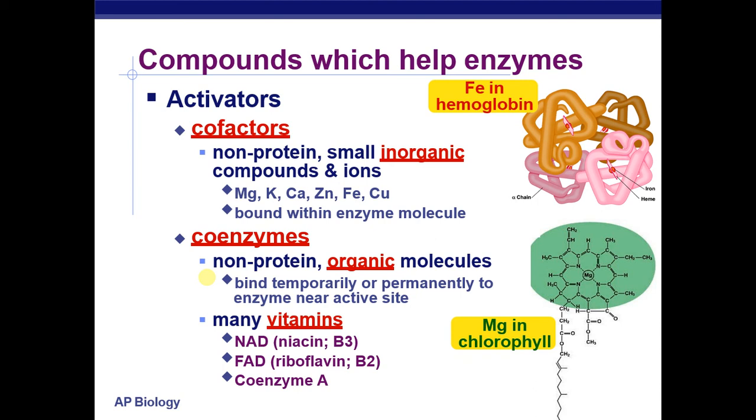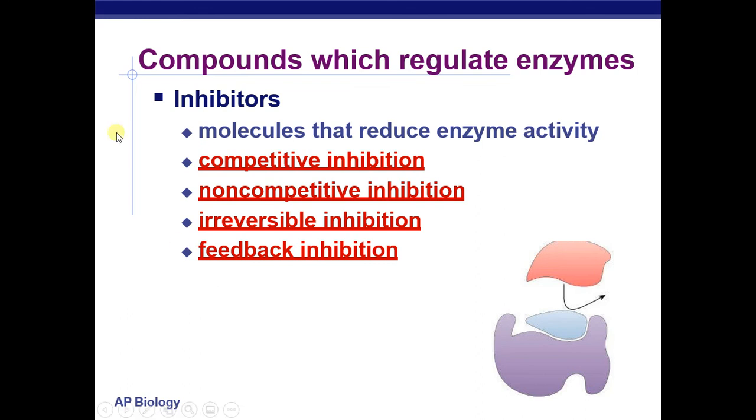So many vitamins like B3 and B2 and coenzyme A are all coenzymes. They help enzymes in your body work better. So those are called activators. And then there are inhibitors, which, like their name suggests, inhibit or reduce the enzyme activity.